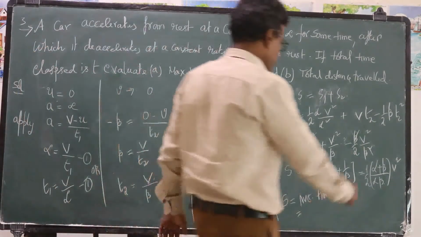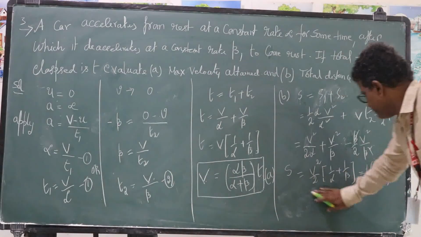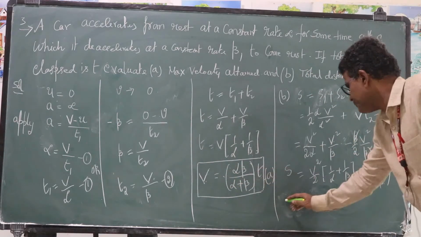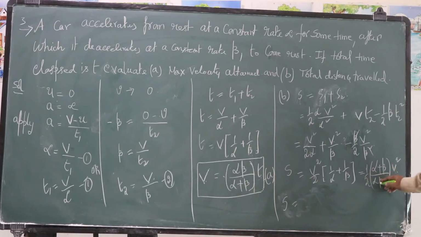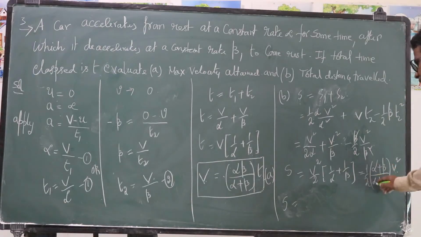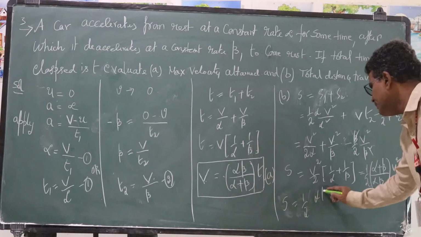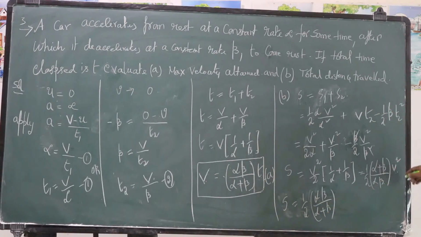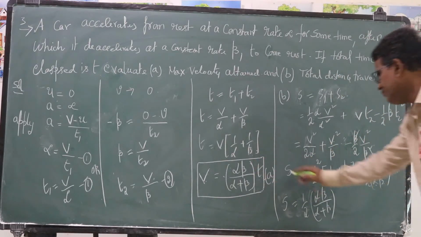Instead of v we can express this in terms of t. So s is equal to half of alpha beta by alpha plus beta into t square.